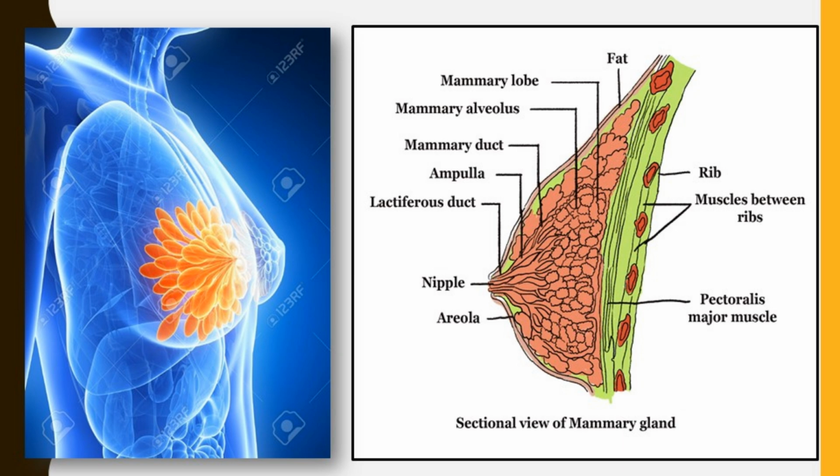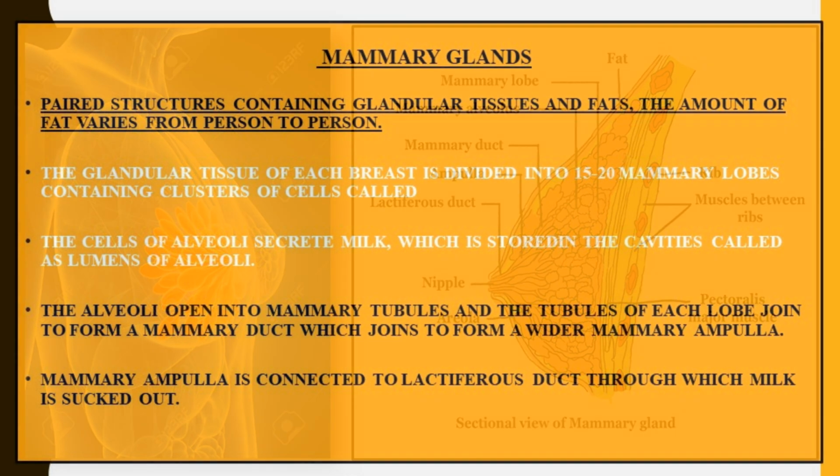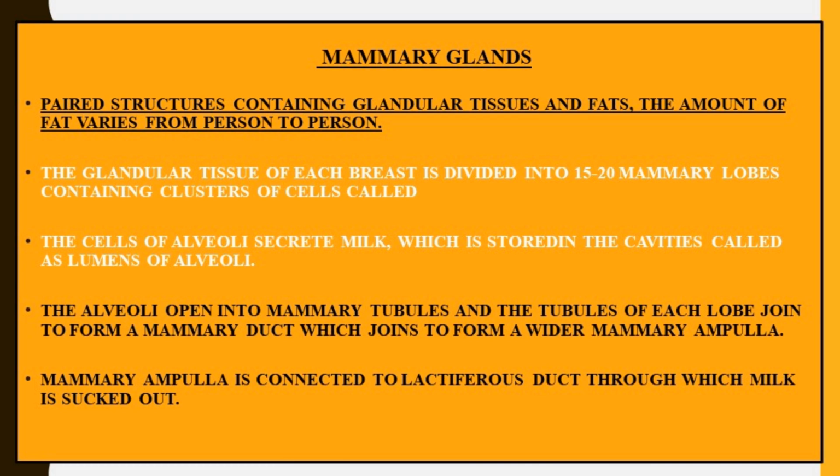The cells of alveoli secrete milk, which is stored in the cavities or the lumens of the alveoli. The alveoli open into mammary tubules. The tubules of each lobe join to form a mammary duct. Several mammary ducts join to form a wider mammary ampulla, which is connected to the lactiferous duct, through which milk is sucked out. The points we had discussed are given in this slide.